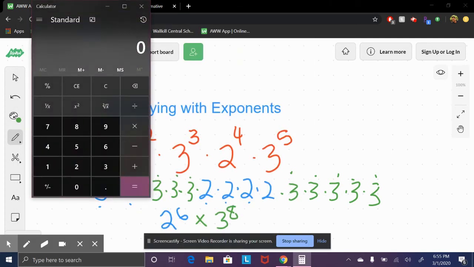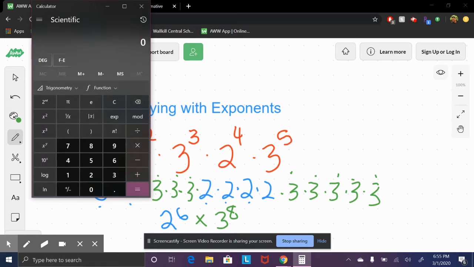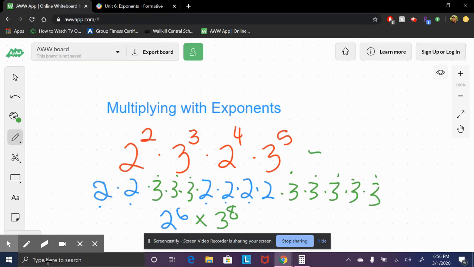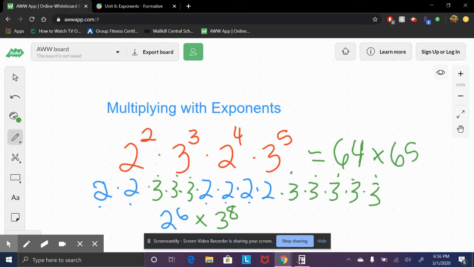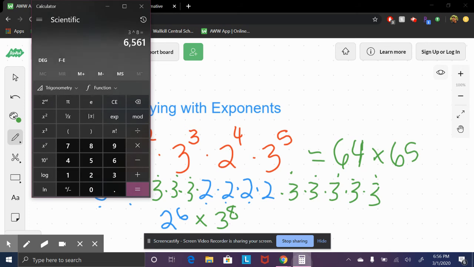All right, so we have my scientific calculator. 2 to the 6th is 64. And 3 to the 8th is 6,561. Big number to figure out what it is, 6,561.